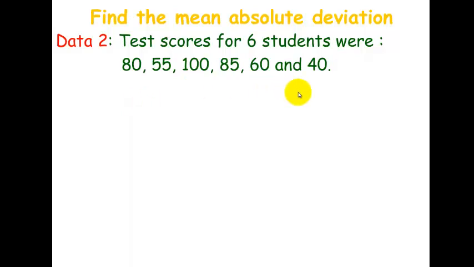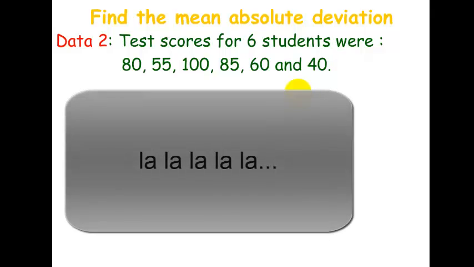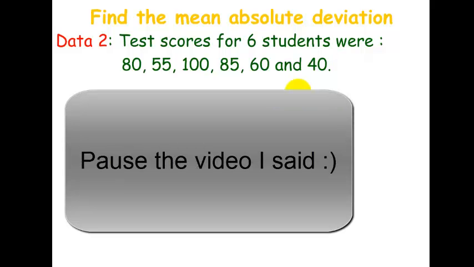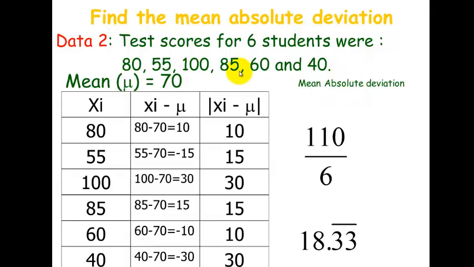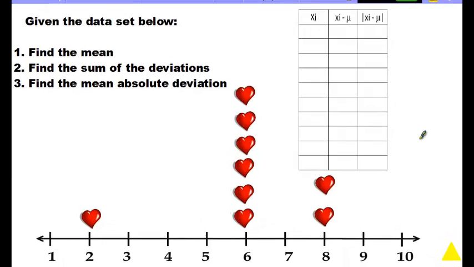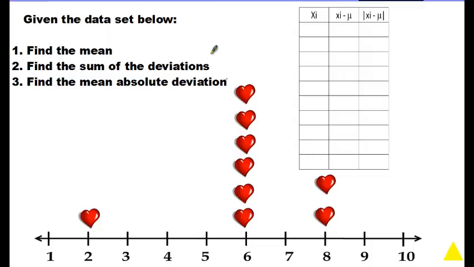You should be able to get 0, and then once you take the absolute value, sum everything up, the result will be your mean absolute deviation. Alright, so this should be the value of the mean absolute deviation. It should be 18.